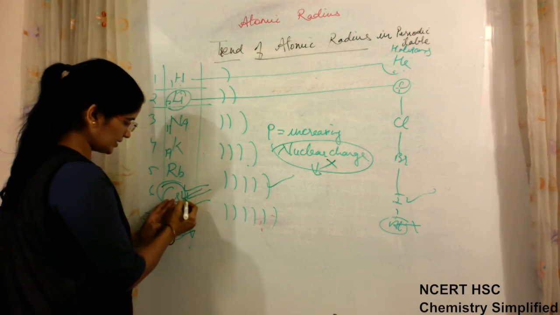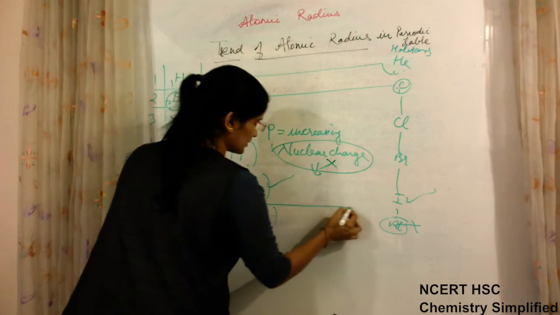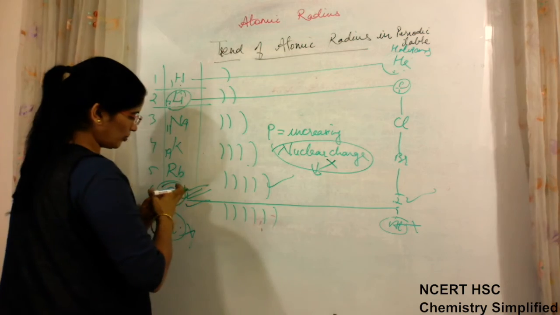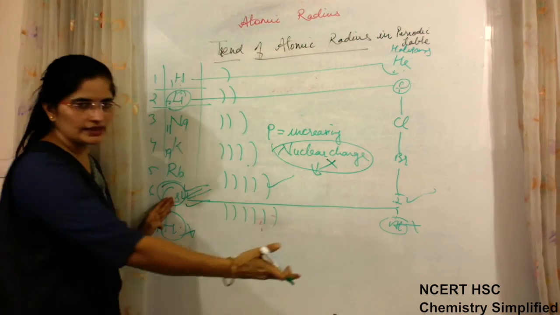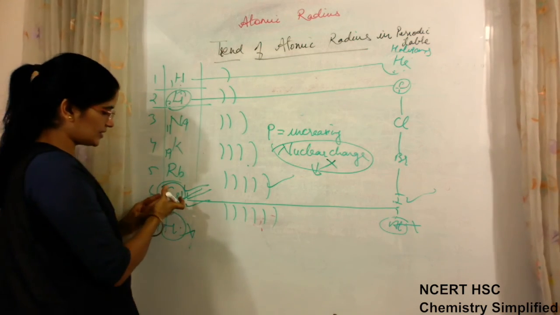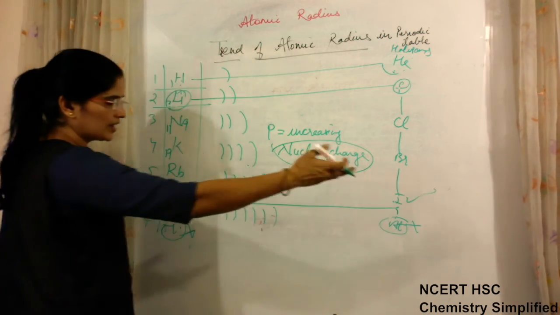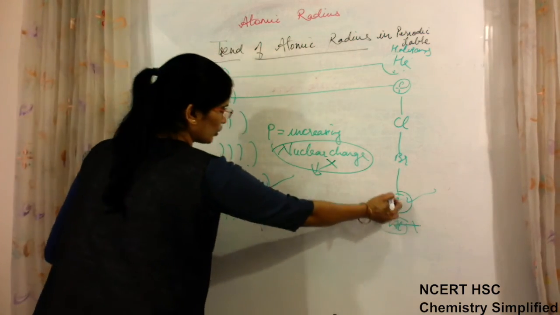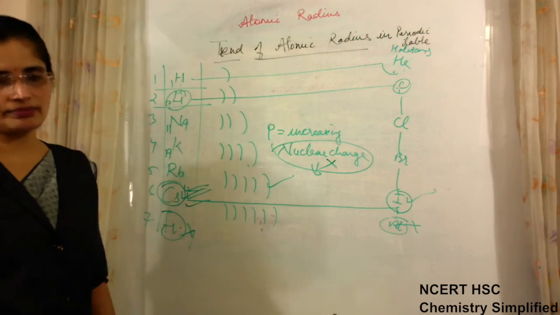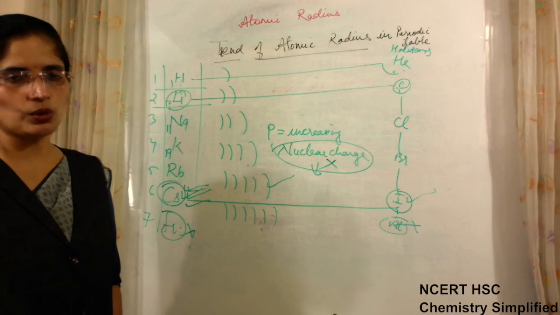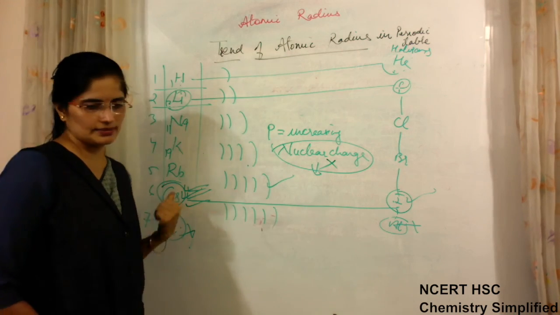Because here is cesium, and in this period also, moving from left to right, atomic radius will decrease. So cesium will have the highest value in this period and iodine will have the lowest value. That means the value of iodine cannot be more than cesium. In this manner, the highest value for atomic radius in the whole periodic table is for cesium.